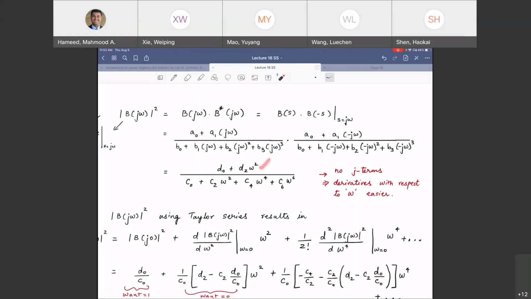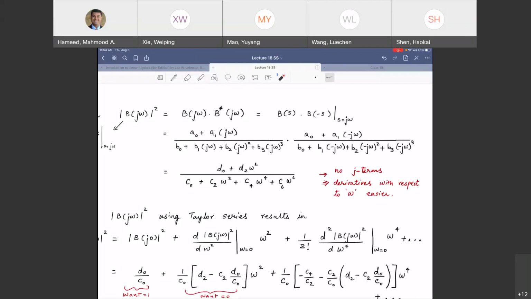In the numerator you will have some constant term d0 and some term d2 omega squared. Similarly, in the denominator, you will have a constant term, a squared term, a power of 4, and a power of 6. All the other ones would have cancelled out, right, because of them being complex conjugates. Now, in our earlier goals we wanted to find A0, A1, B0, B1, B2, B3.